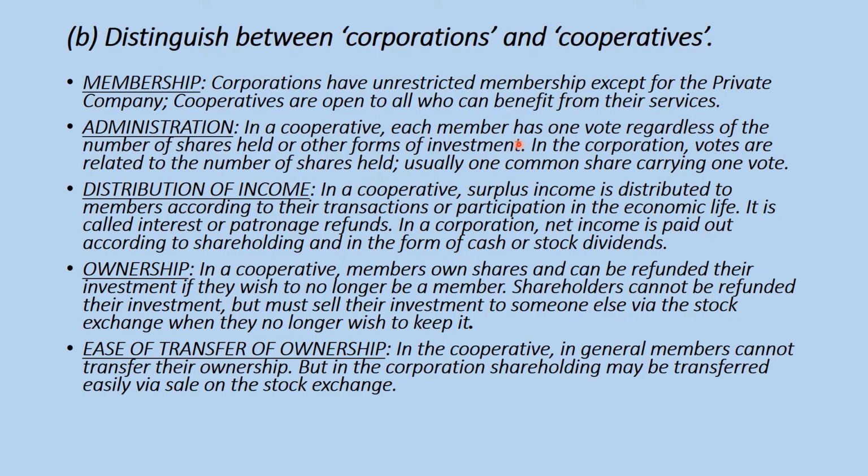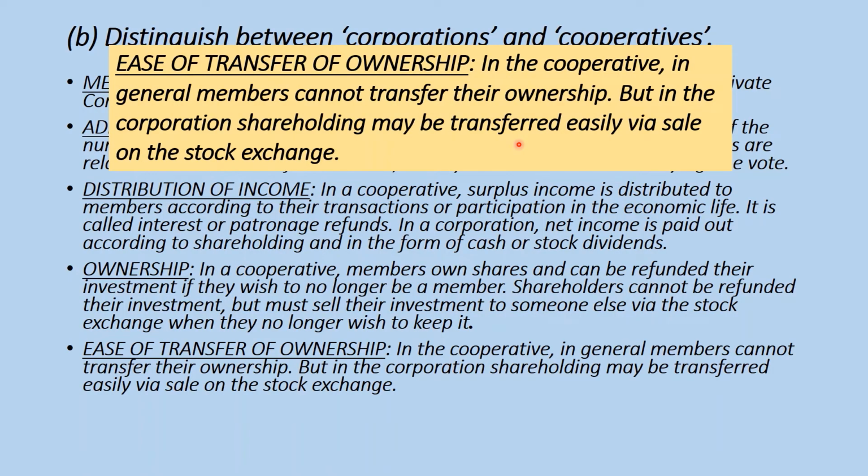And then finally, we have the ease of transfer of ownership, or how easy it is to transfer ownership from one person to the other. In a cooperative, in general, members cannot transfer their ownership, but in a corporation, shareholding may be transferred easily via sales on the stock exchange.